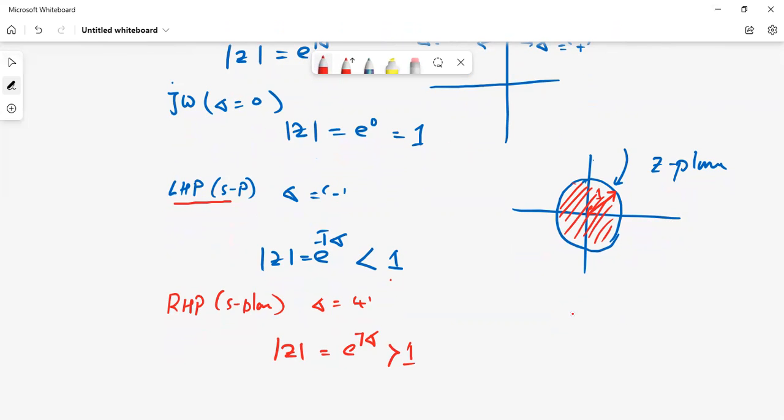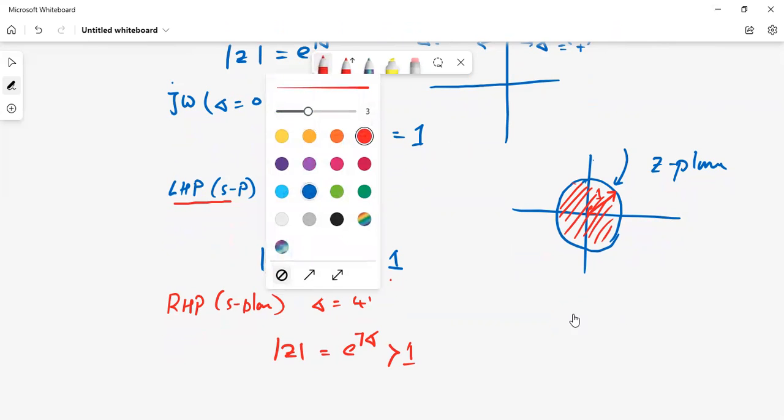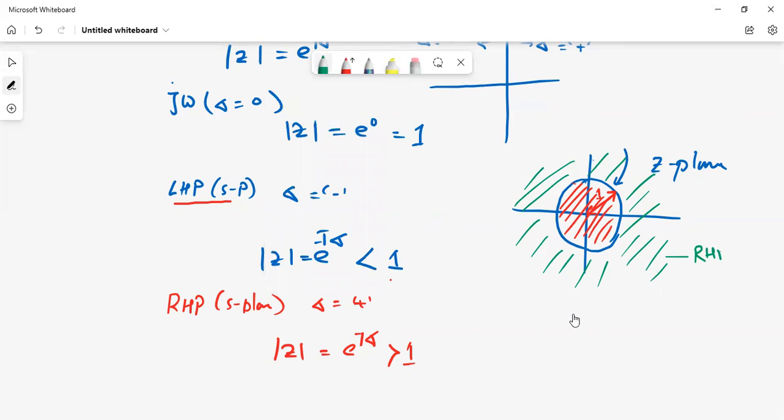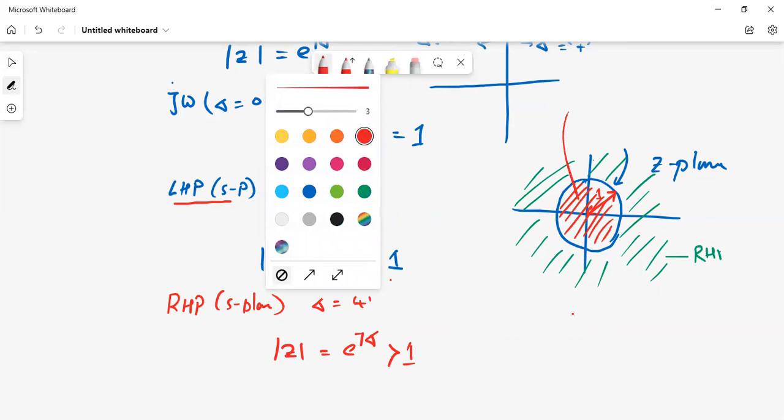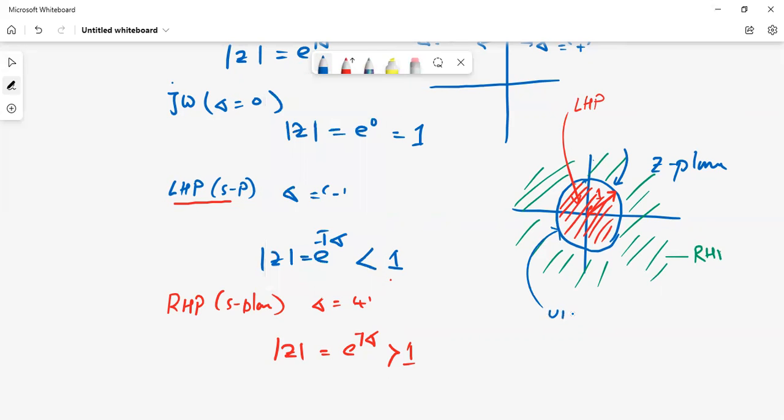The rest of the location outside the unit circle is equivalent to your right half plane. And this is your left half plane equivalent. And the j omega axis is on the surface of the unit circle. That is equivalent to your j omega axis.